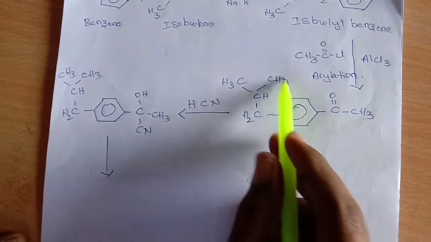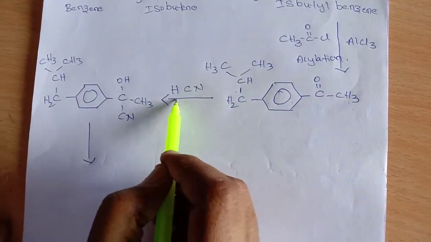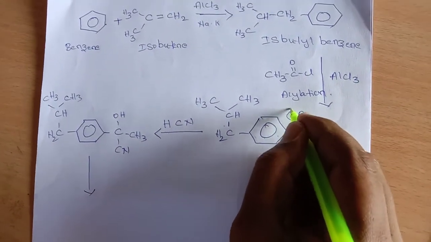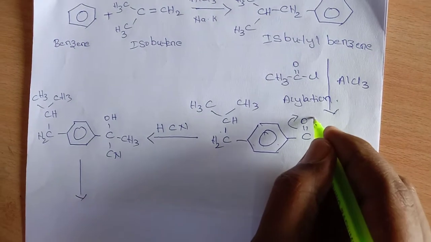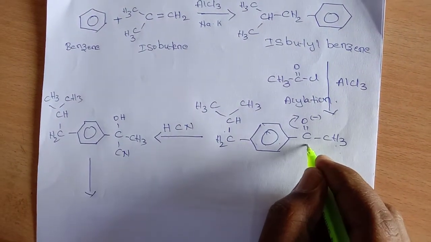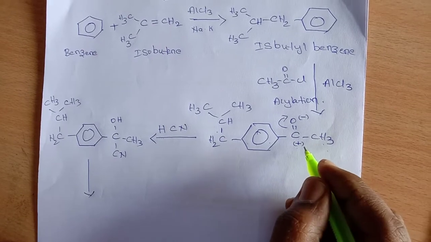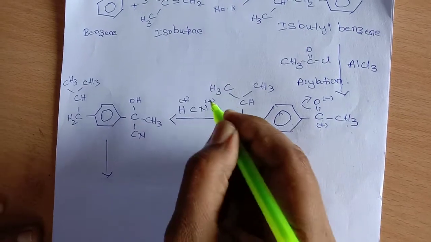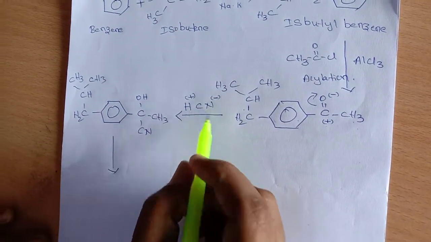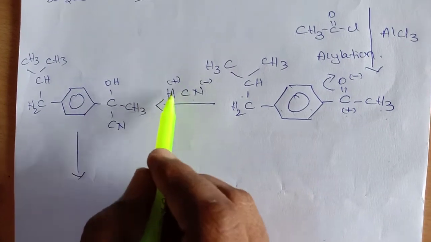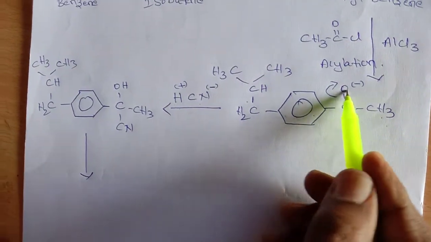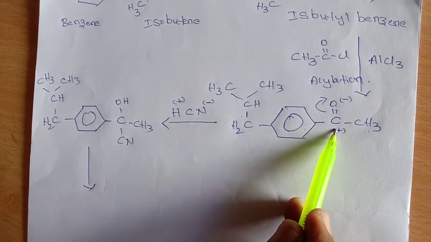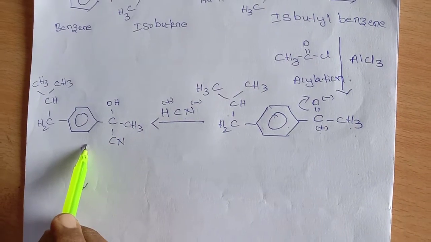Here the mechanism is, since oxygen is more electronegative, it will get a negative charge and this carbon will get a positive charge, and hydrogen cyanide dissociates into H plus and CN minus. The positive part of the reagent will be attached to the negatively charged oxygen, and the negative part of the reagent will be attached to this carbonyl carbon, such that we will get an intermediate.